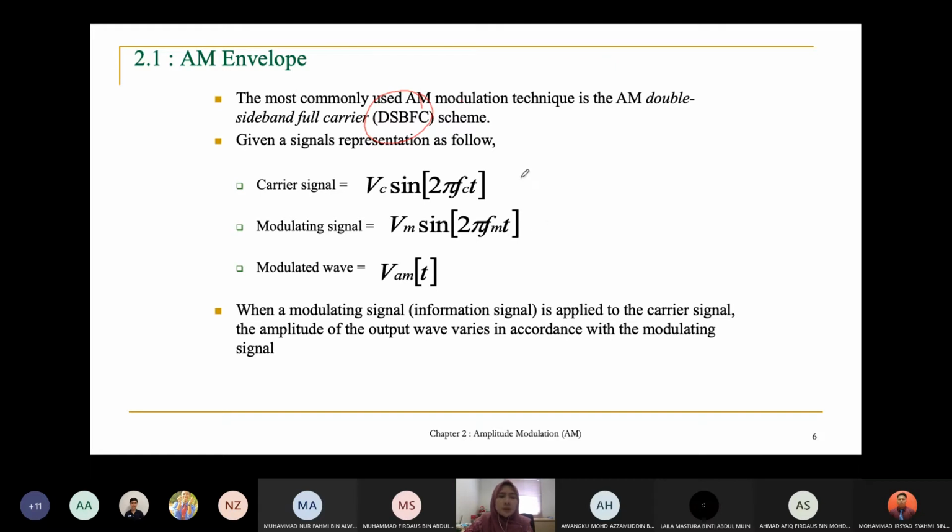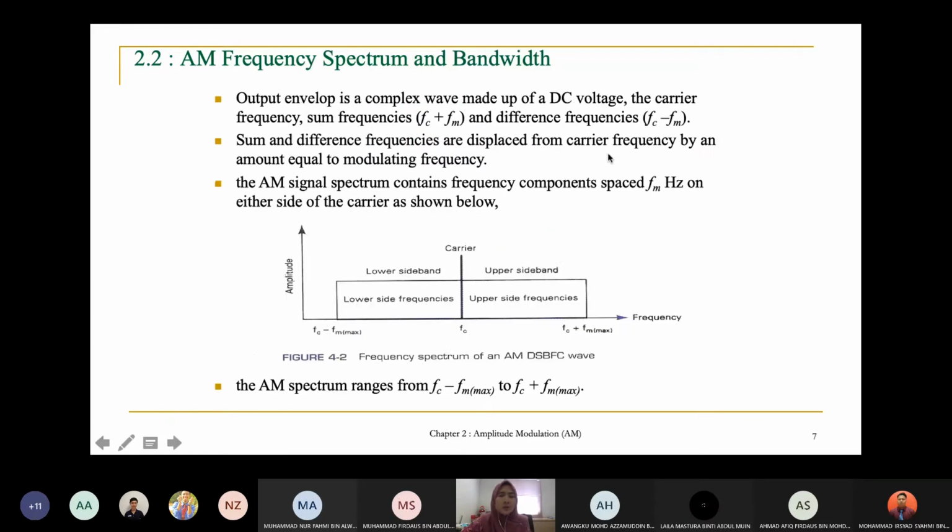Okay, so this one is already explained. This is the input carrier signal equal to VC sine 2 pi fc t, and we have another input, the modulating signal VM sine 2 pi fm t, and this is the output VAM(t). In the previous slide, I already told you that the output of the modulator, we can get the signal in the form of an AM envelope.